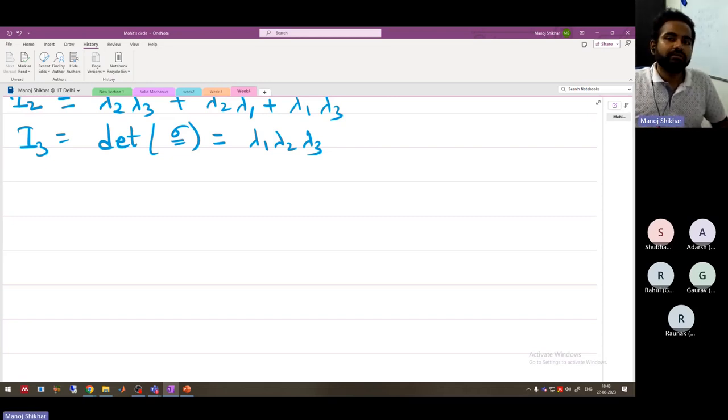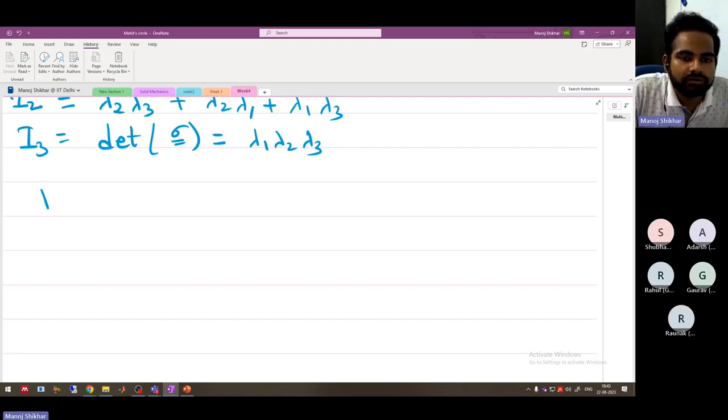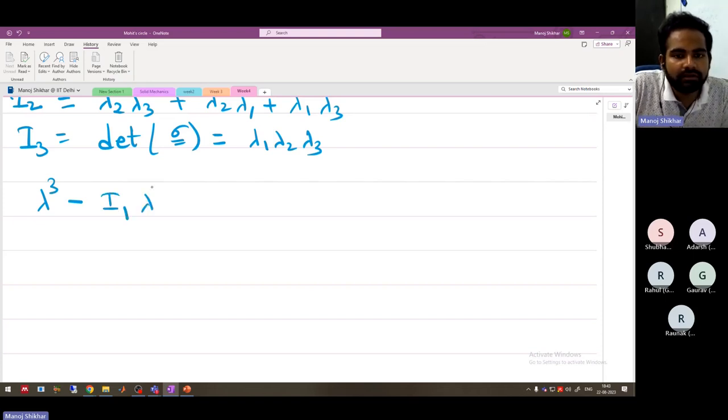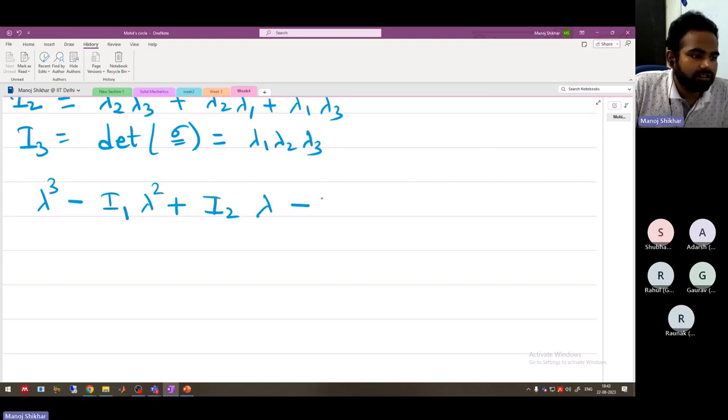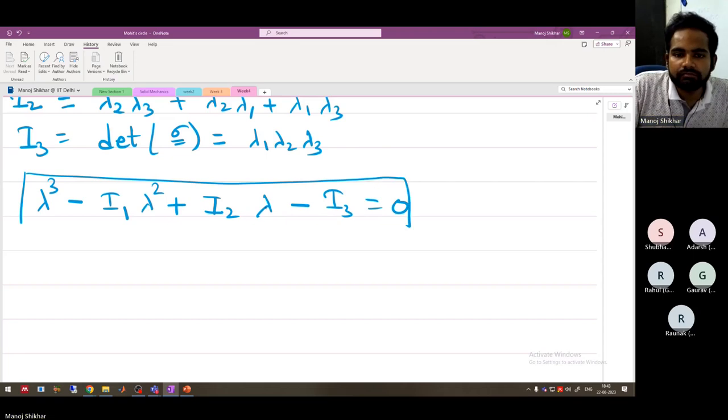For a 3 cross 3 matrix, n will be 3, so we will get a cubic polynomial. In our case, sigma is a 3 cross 3 matrix. That polynomial we can write as lambda cube minus I1 lambda square plus I2 lambda minus I3 equal to 0. This is called the Cayley-Hamilton theorem.